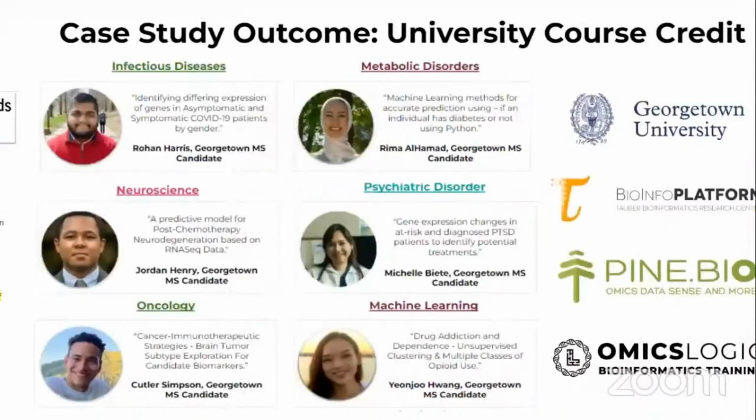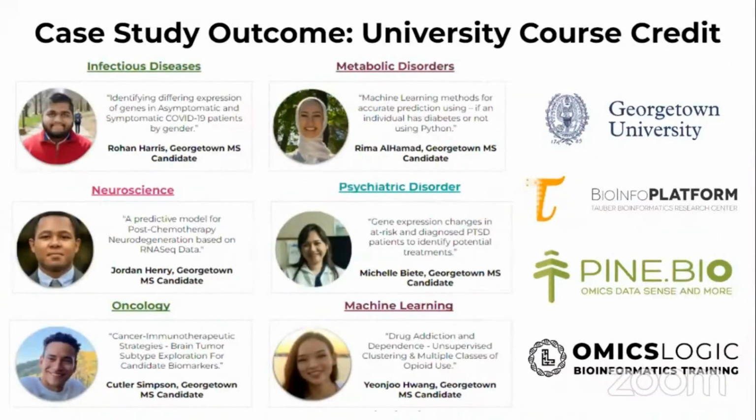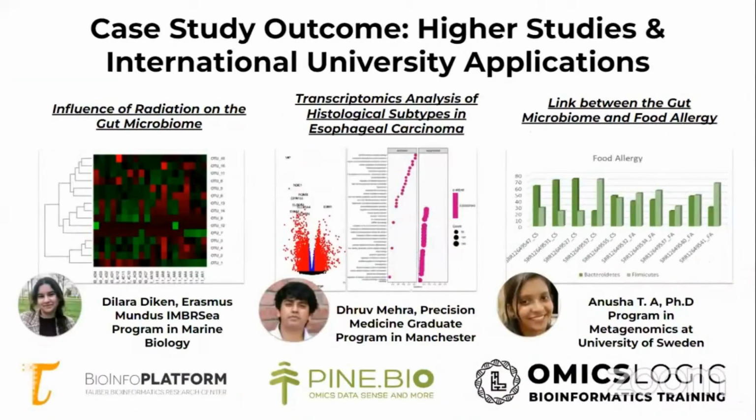This program can also be integrated as a part of the existing university curriculum. For instance, our Python course was part of the Systems Medicine graduate program at Georgetown University. These projects can also be showcased for various other purposes. Here are some instances of how our former students have showcased their projects.